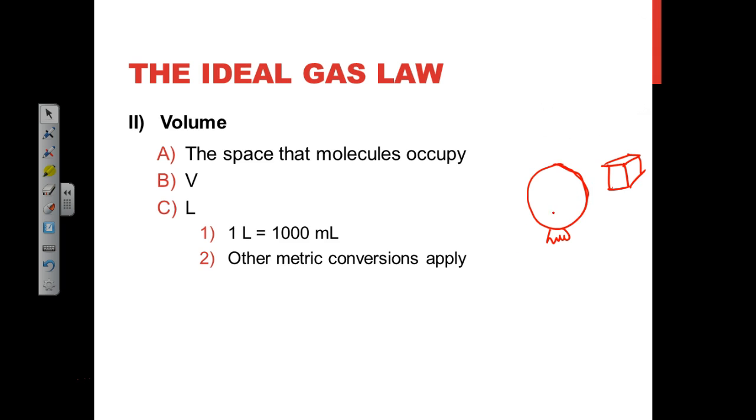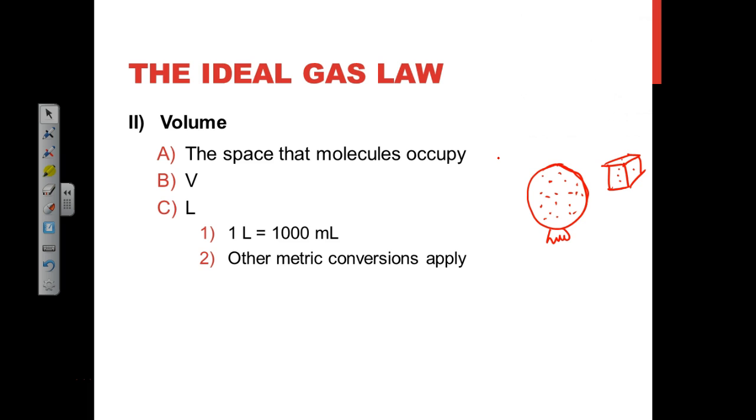But the idea here is that volume is just the space that the gas molecules occupy, and so this balloon is bigger in volume than this cube, or that weird shaped thing that I drew that's supposed to be a cube.